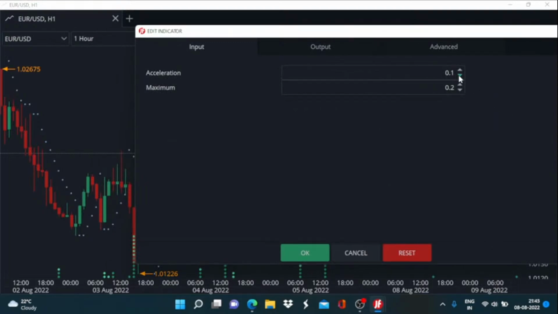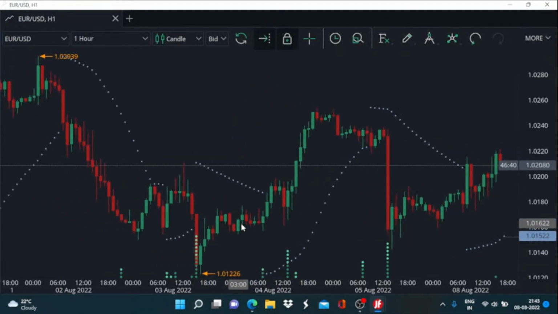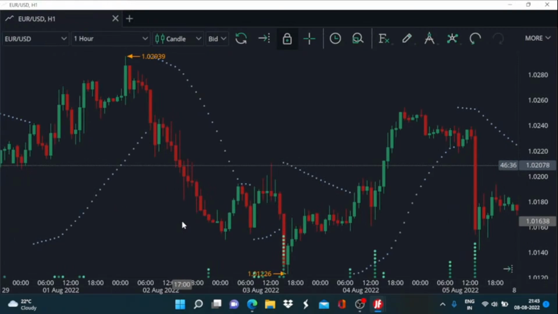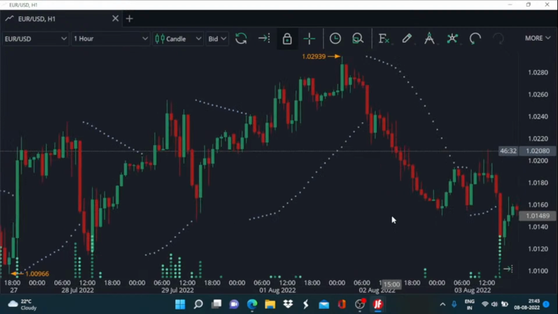Now if I reduce the acceleration to say lower than the, oh no, zero acceleration can't really work. So here with the reduced acceleration, we will see that it will take some time for the price action to be converging with this plotting of the parabolic SAR.